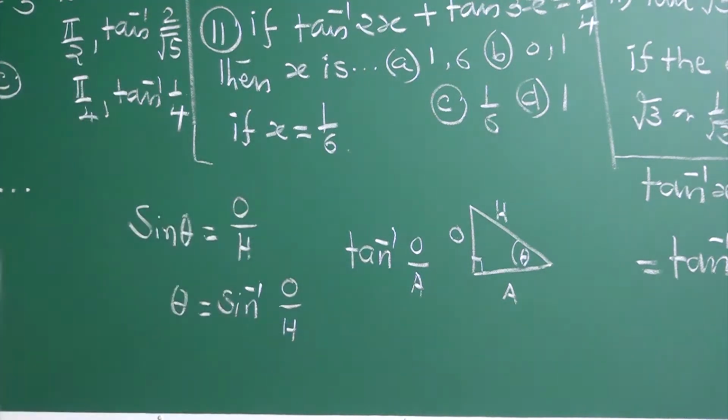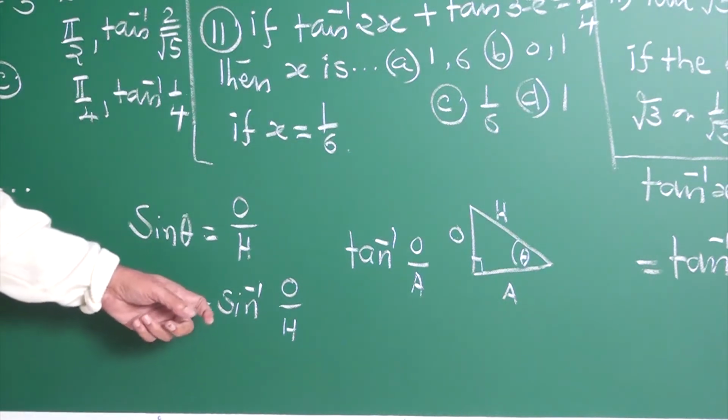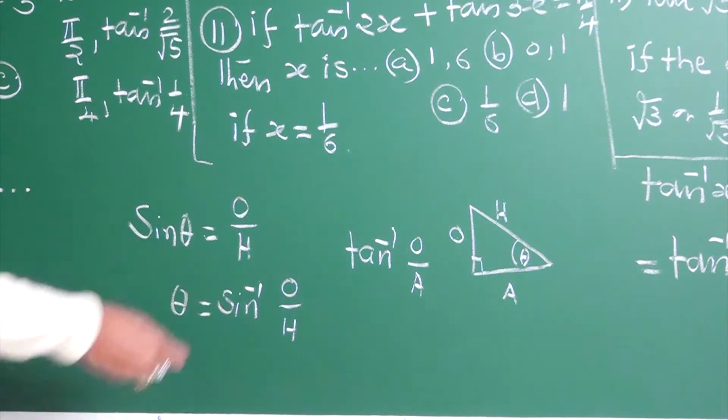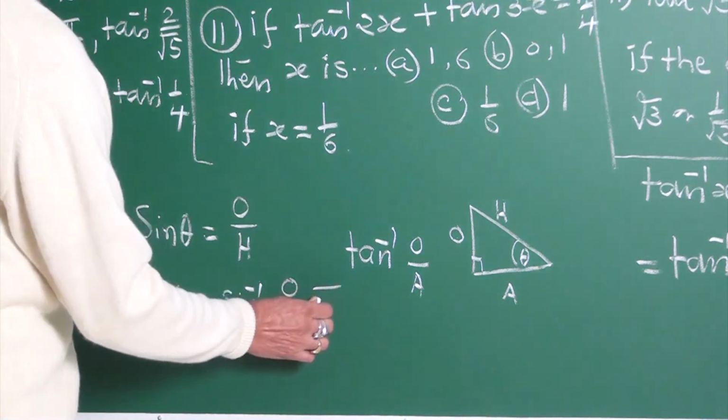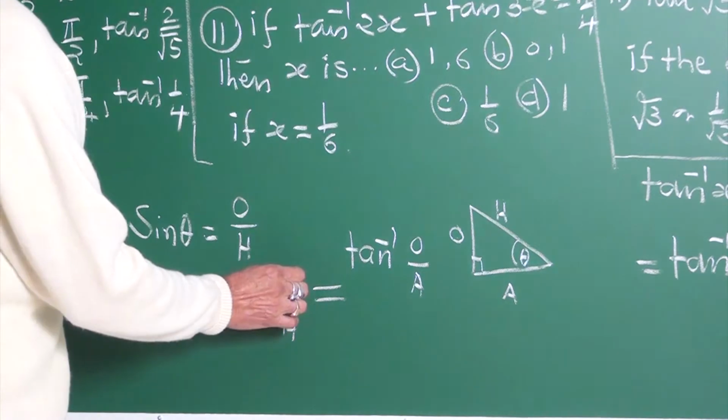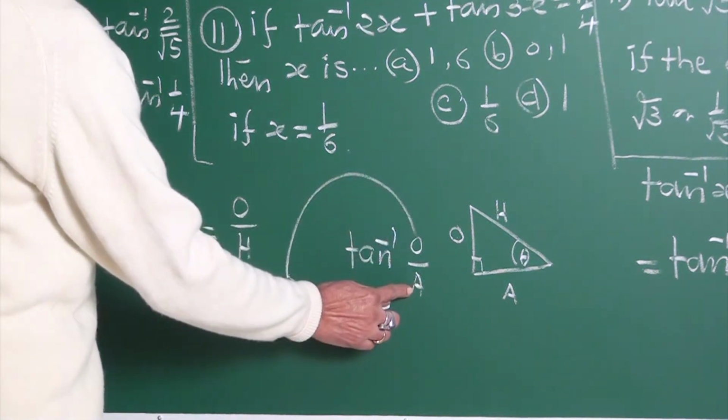This is everything explained, my friends, and I did some examples yesterday. So we can write from sine inverse to tan inverse here. This is the common given side. What is the remaining side?